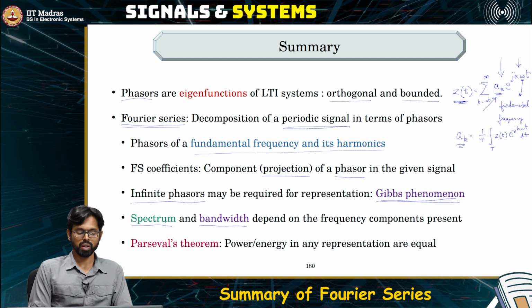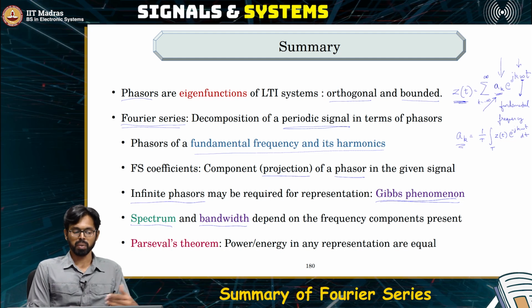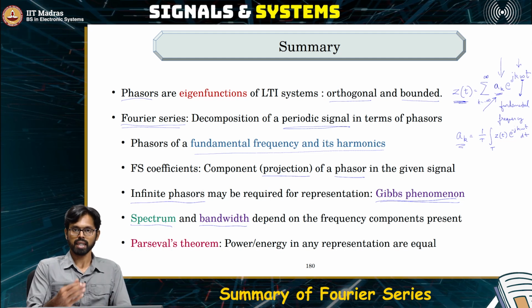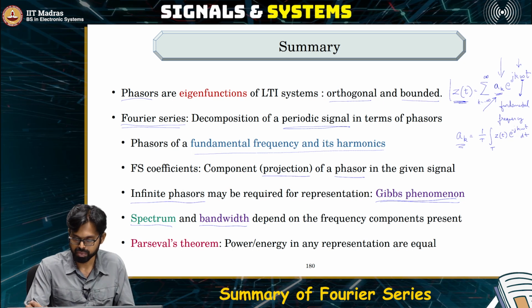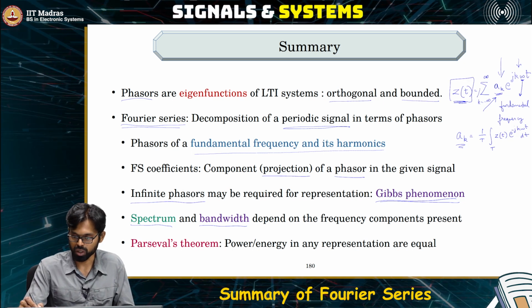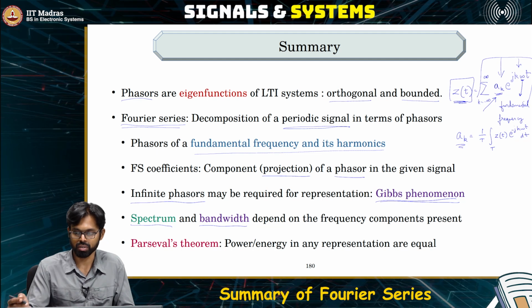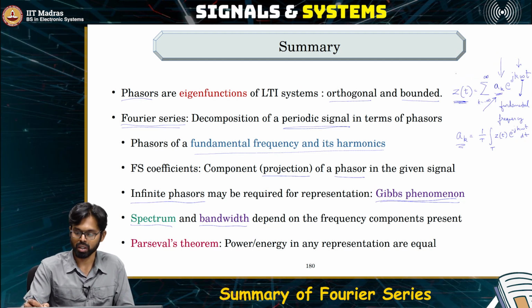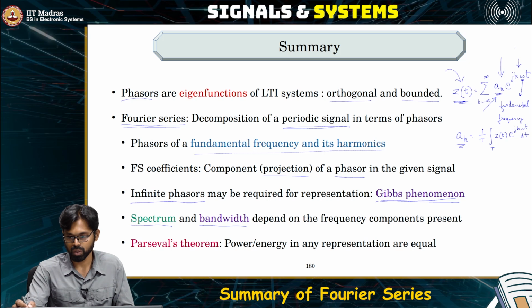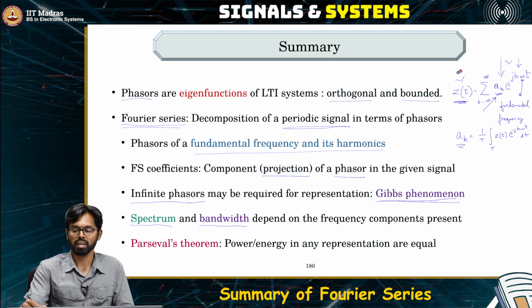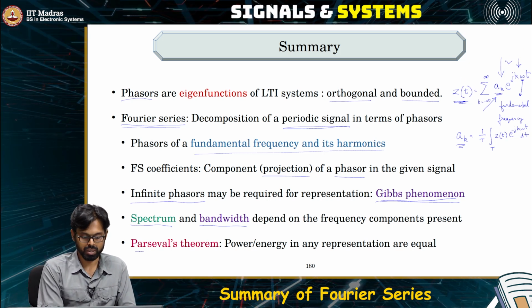Going forward, we also said that the representation of the signal in Fourier series is exactly the same signal. So this is z of t, and whatever we have on the right hand side is still z of t. Both are equal. So if I compute the power here, it has to be equal to the power that I compute there, and that is all Parseval's theorem is.